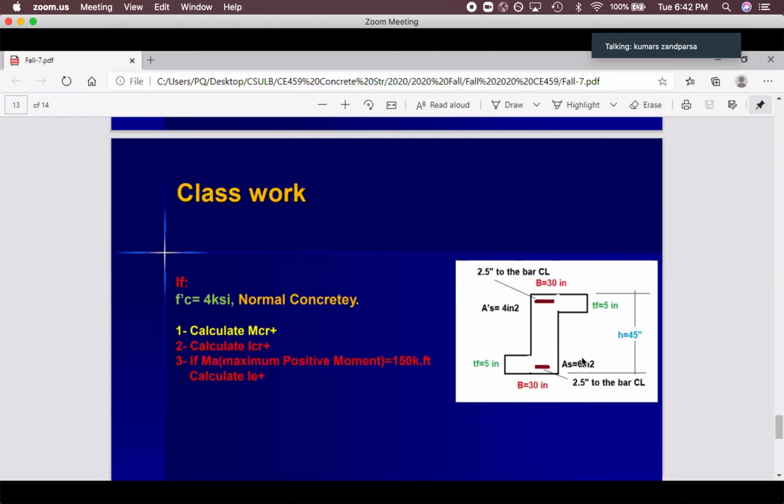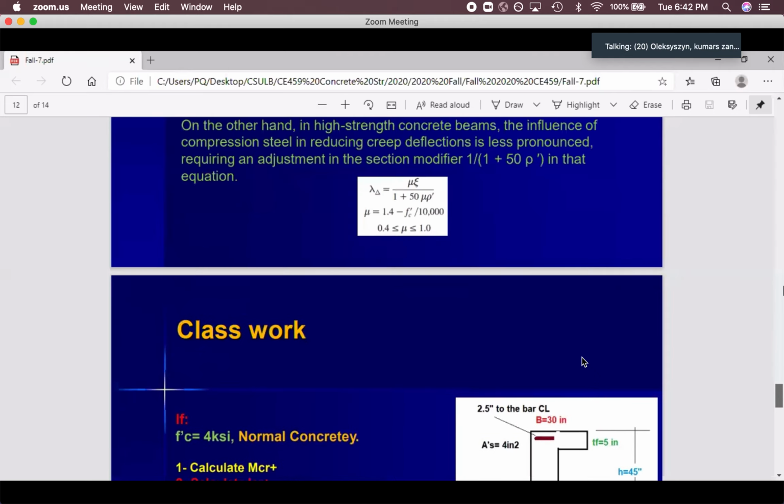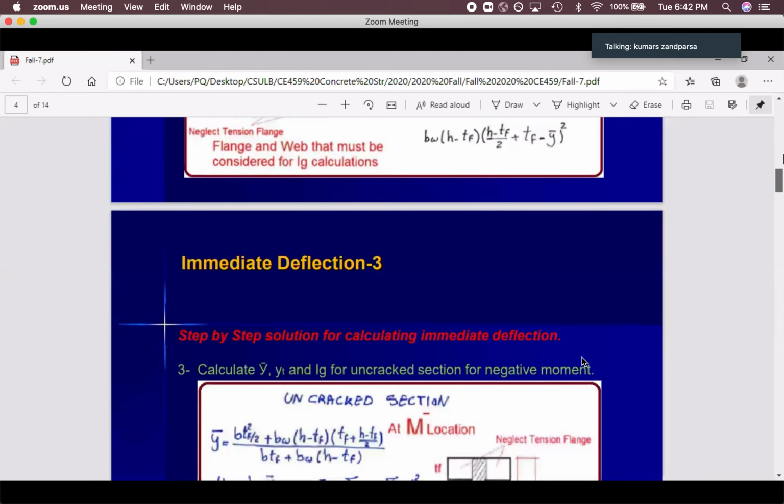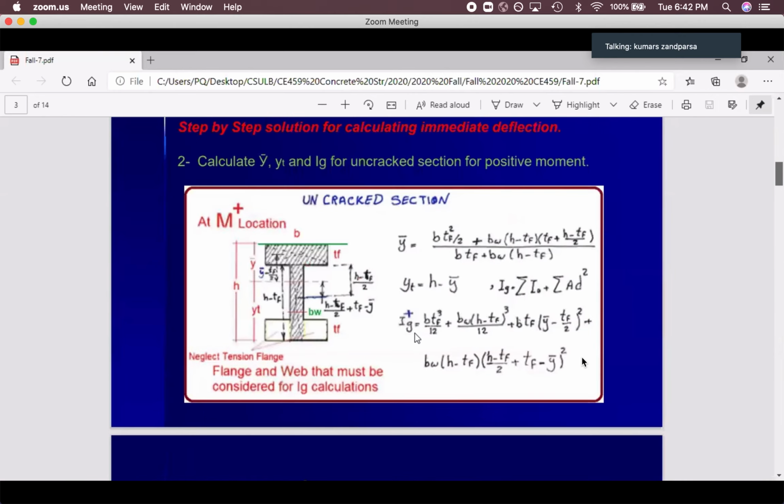Okay. I saw another question. What's the question? I was just wondering, after we solve for y bar and plug that y bar into the I cracked formula, I don't understand what M crack positive is. M crack positive is the first one. First, you have to go and find it. M crack is for y bar, yt, Ig of the cracked section.